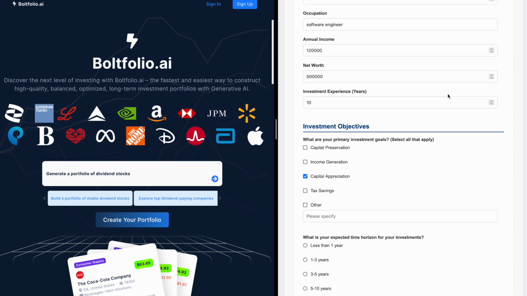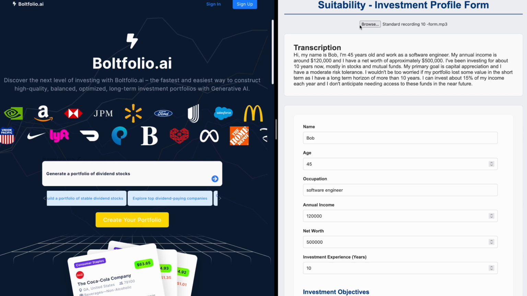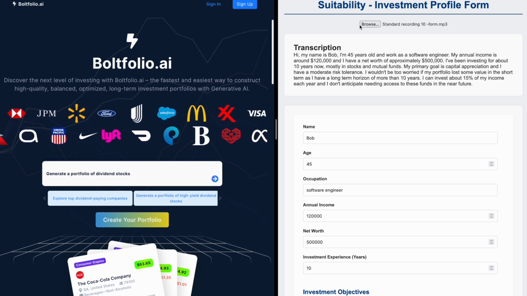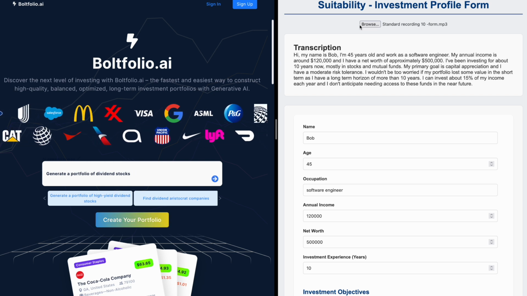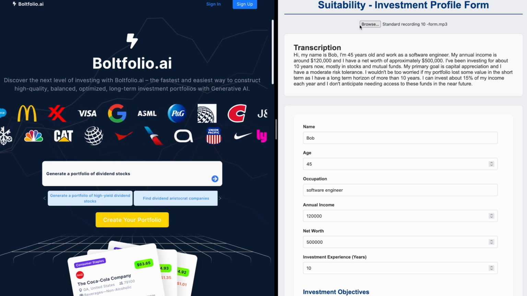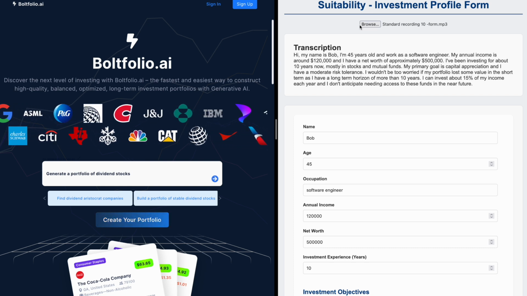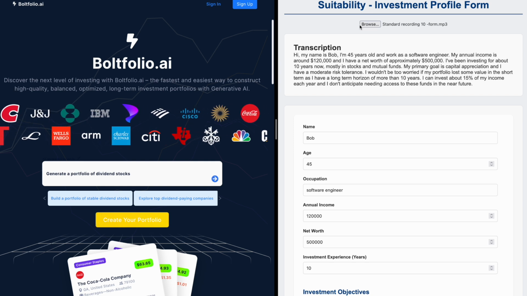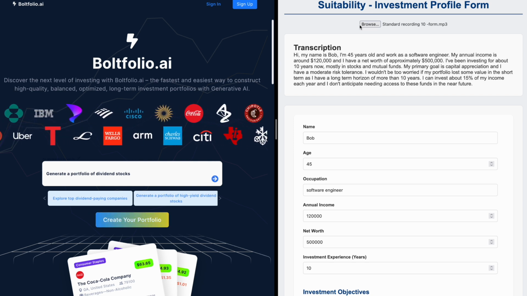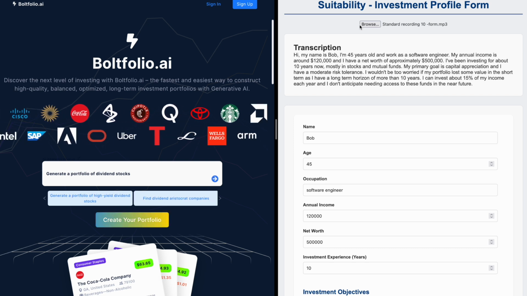So let's just go through that really quick. I just said, right, imagine that you send a voice note through your chat application, or you just record a short clip, a background about yourself, and you say, like, hi, my name is Bob. I'm 45 years old and work as a software engineer. My annual income is around $120,000, and I have a net worth of approximately $500,000.